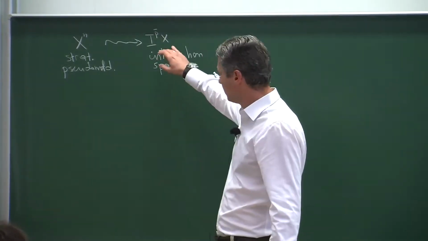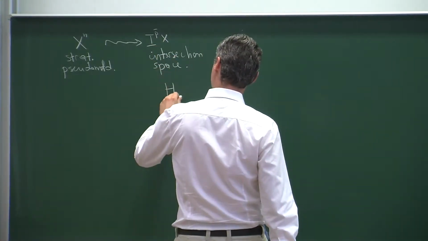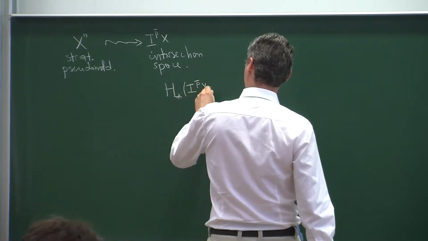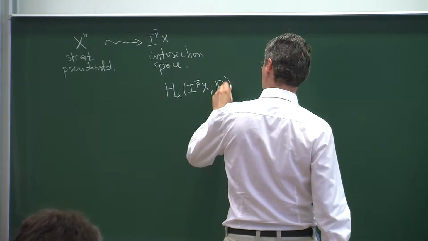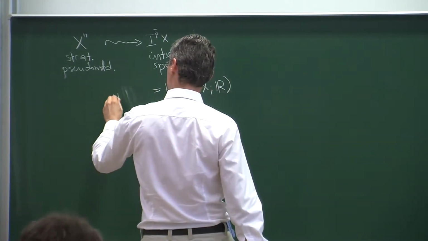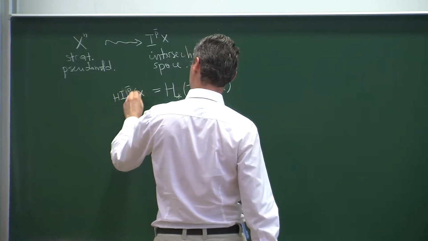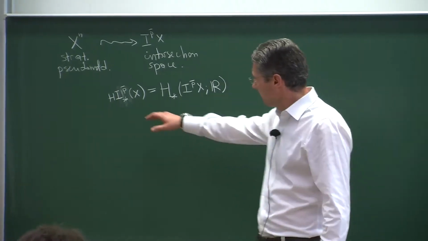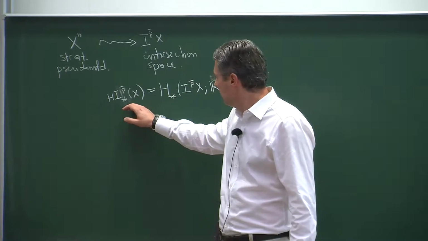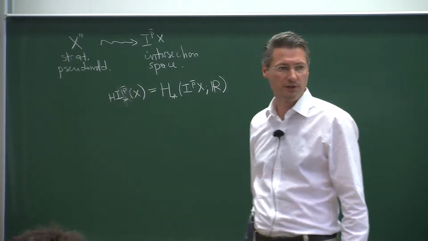And this should be done in such a manner that if you look at the ordinary homology of this space, and I will always assume real coefficients, and we abbreviate this by HI star P of X, that these groups satisfy Poincare duality between complementary degrees and complementary perversities as usual.